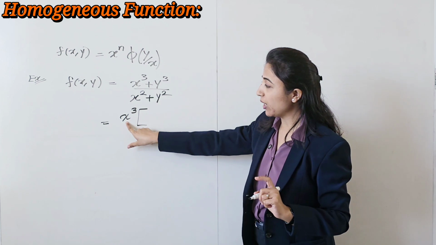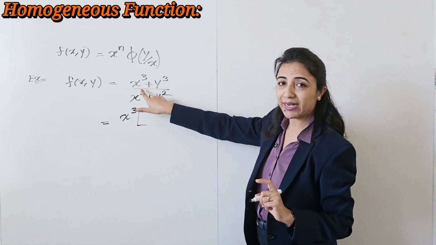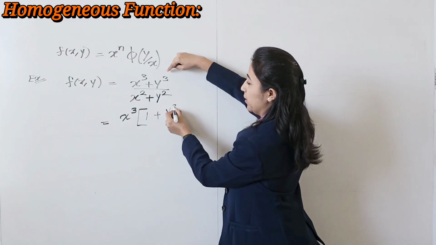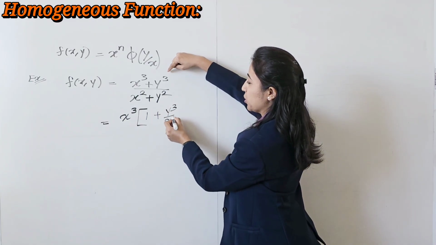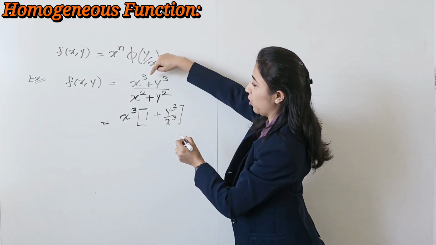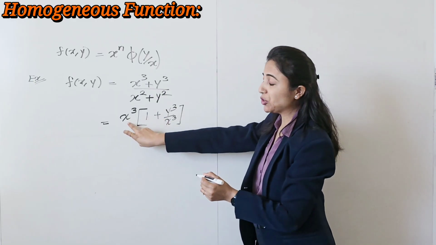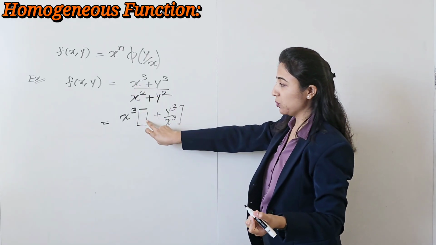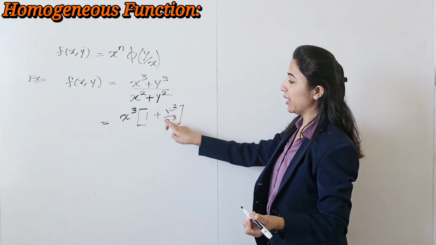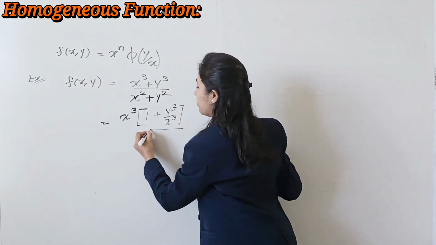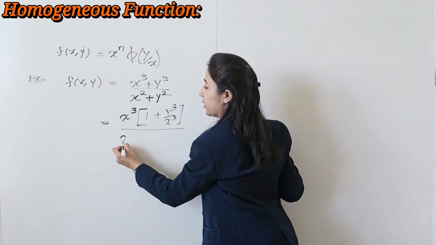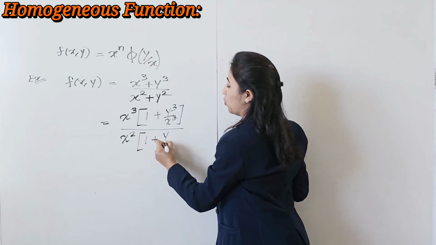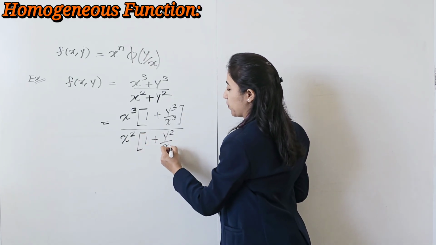So here x cube we are taking common, so x cube divided by x cube is 1 and here we will get y cube divided by x cube. So each term of the numerator we have to divide by x cube because we are taking x cube common. In the denominator, take the x square term common, so the remaining is 1 plus y square by x square.